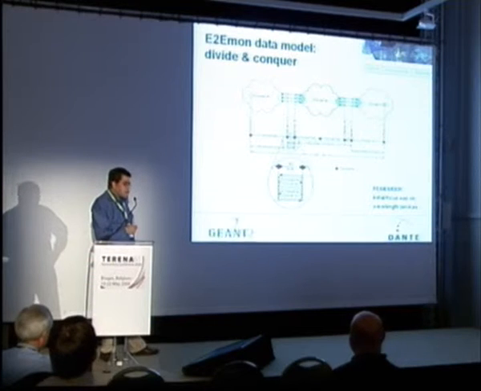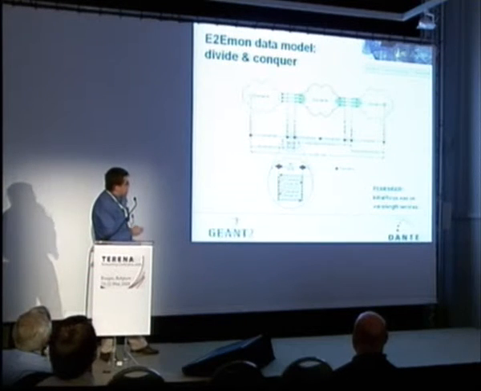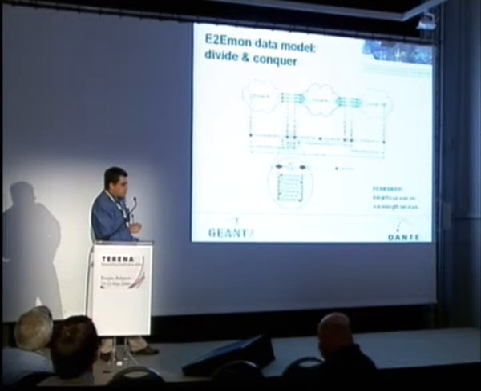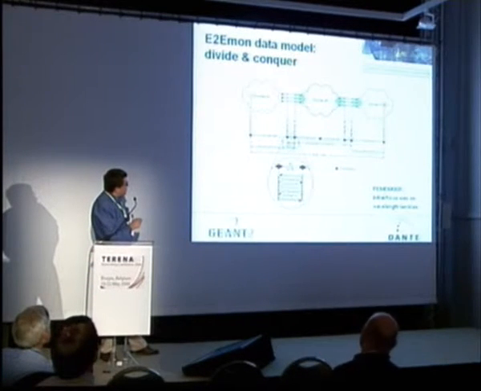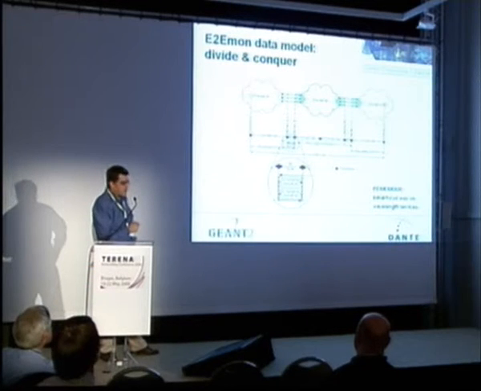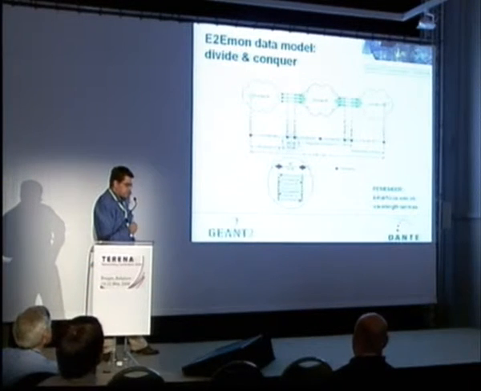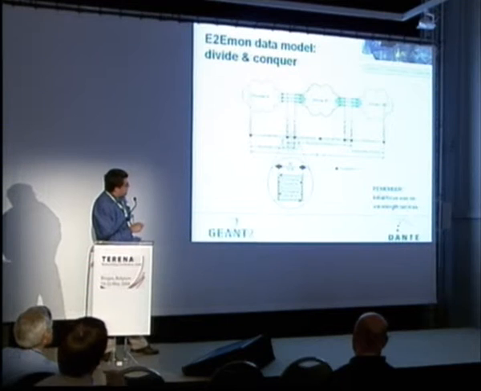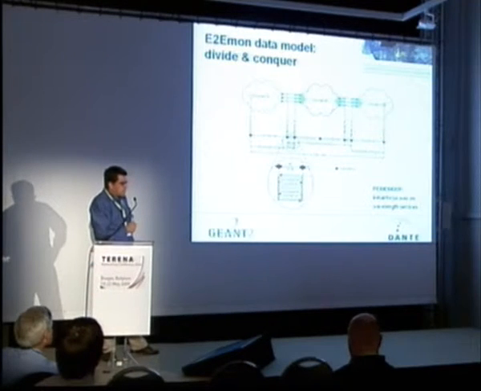So a given end-to-end link, a given circuit in this model is split up into domain links. You can see them here. A domain link could actually just be one logical entity crossing from edge to edge of a single domain, or there could be more than one concatenated inside a domain, depending on how much detail they want to reveal. And then these are strung together with what are called interdomain links. So this is representing that here.